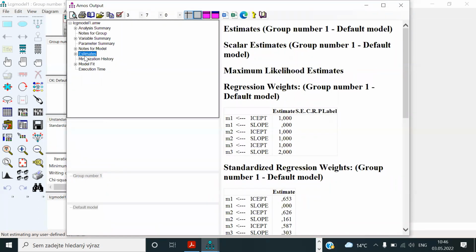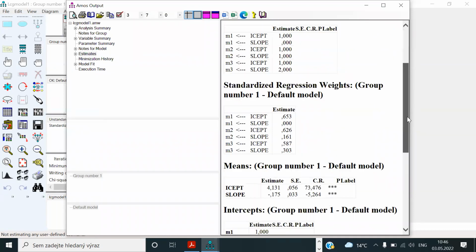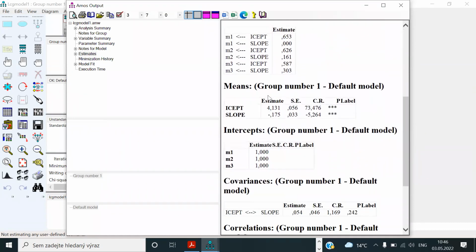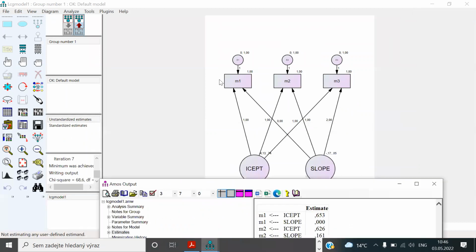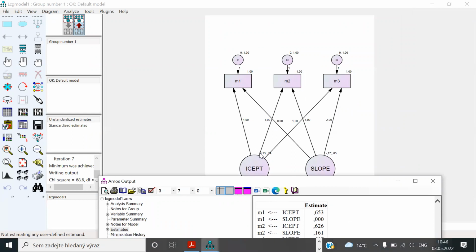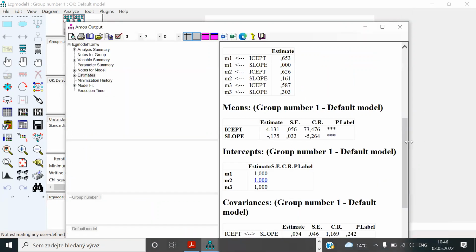For us, the most important estimates here are the mean level of intercept and the mean level of slope. We are mainly interested in whether kids from the 7th up to the 9th grade are increasing or decreasing in their mathematical abilities.